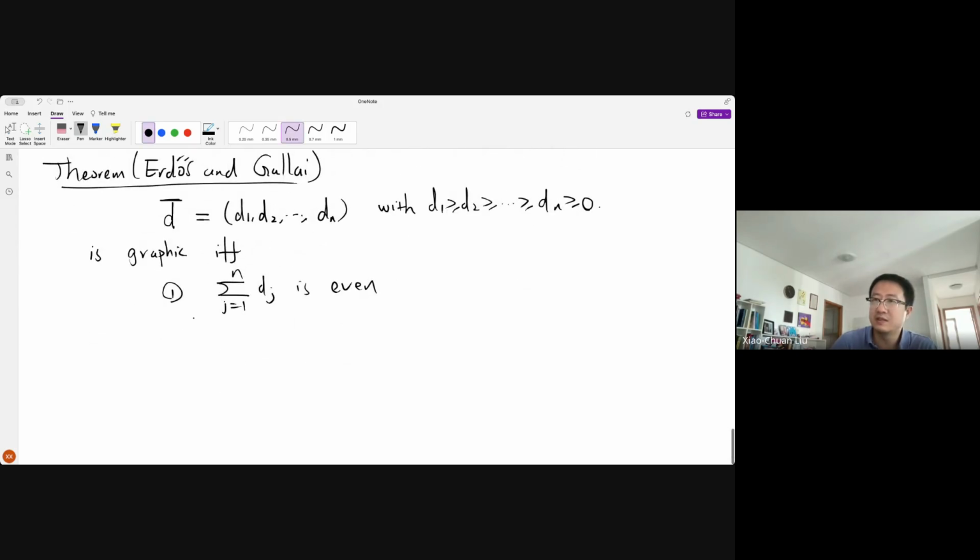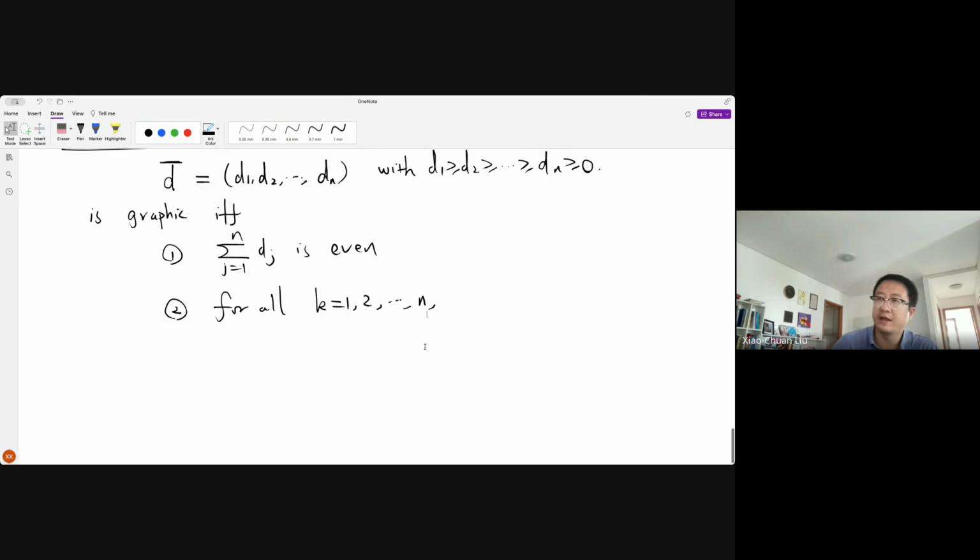But this one is a simple observation. The second one kind of appears from nowhere. So for all k from 1, 2, until n, you have this very strange inequality.